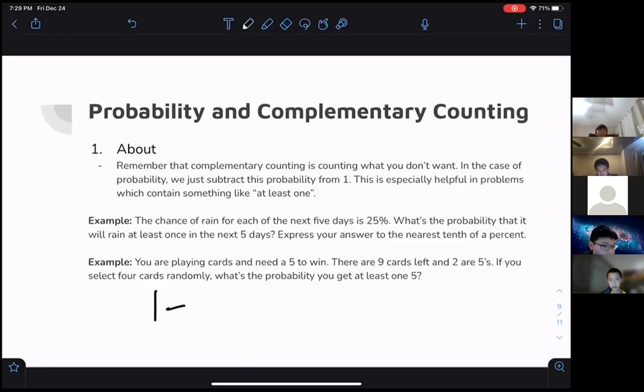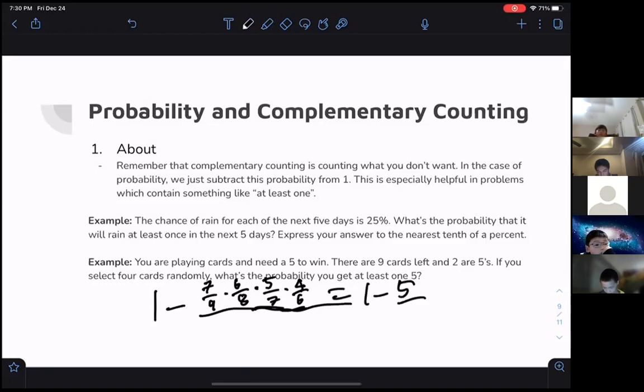So it's 1 minus the probability of getting 4 cards that are not 5s: 7 over 9 multiplied by 6 over 8 multiplied by 5 over 7 multiplied by 4 over 6. And then simplifying all of that just gives you 5 over 18. So 1 minus 5 over 18 equals 13 over 18.